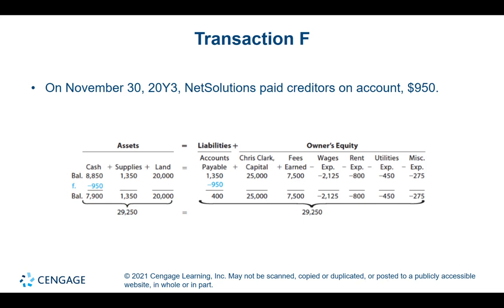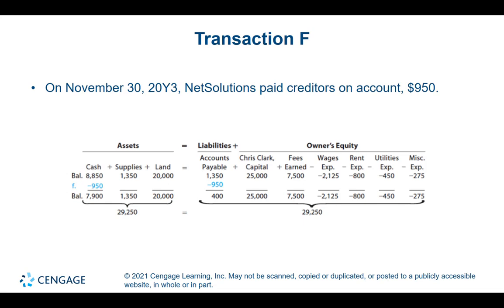It's paying off that balance that it owes, the obligation that it had when it purchased on account before. Now it's paying cash to pay off that balance. So cash is reduced $950, and it shows a negative impact on assets.